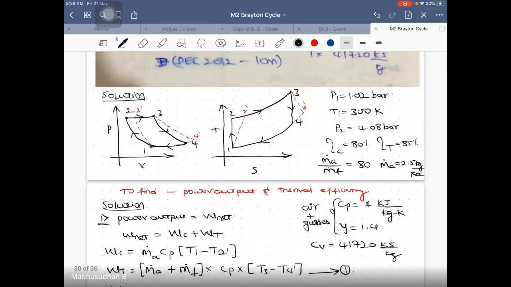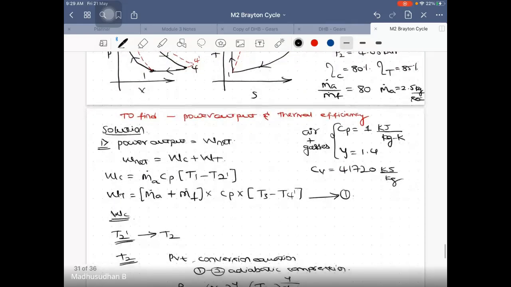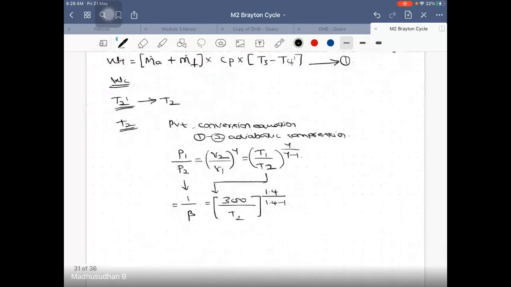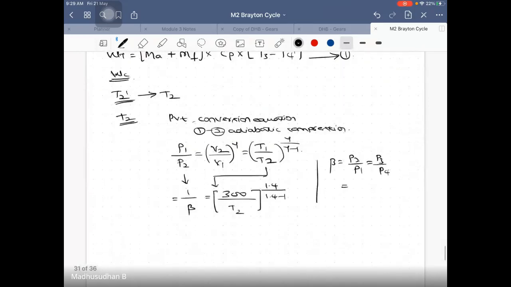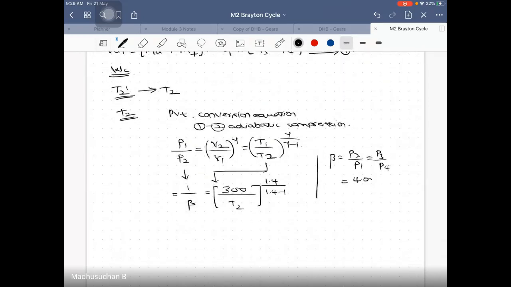I need to calculate the value of beta. Beta is either P2 by P1 or P3 by P4. So how much is it? 4.08 divided by 1.02.